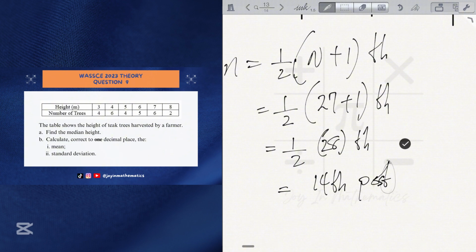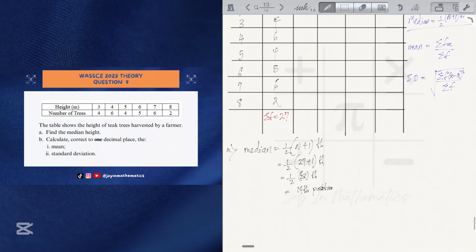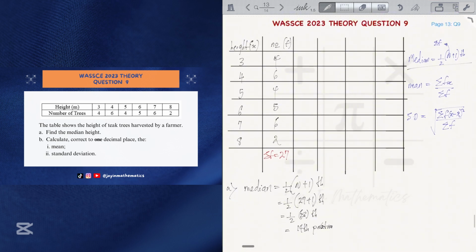So if it is at the 14th position, we come down here and add all this together. 4 plus 6 is 10, so this is the 10th position. Then if we add another 4, we'll have it at the 14th position. So we'll have the median to be equal to 5. Median height is equal to 5.